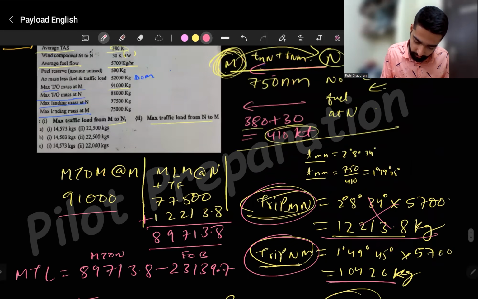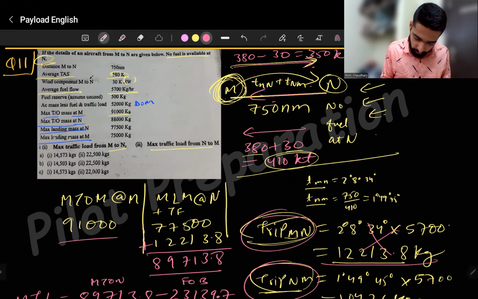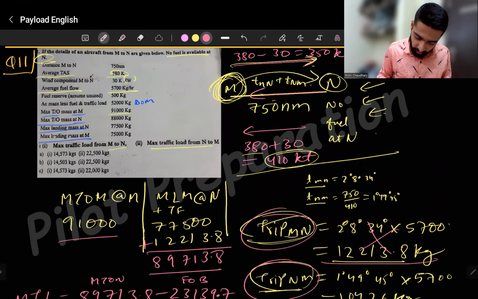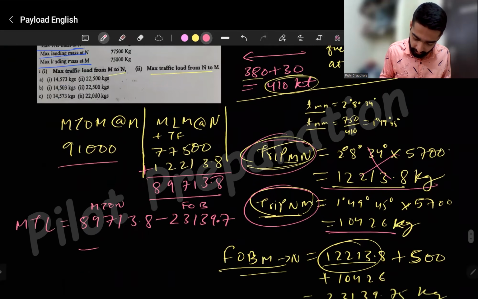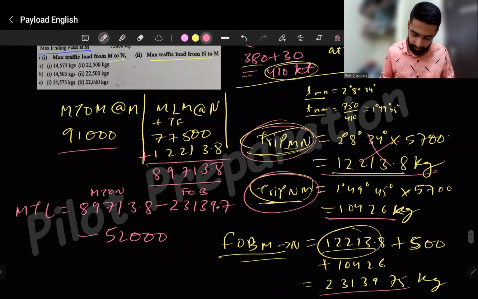Dry operating mass is this one, 52,000. So my value comes out to be 89713.8 minus 23139.7 minus 52,000. This comes out to be 14574.05 kg.